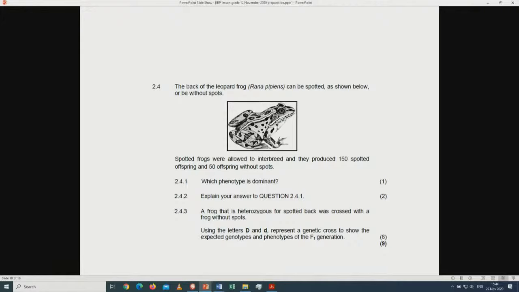Now it is very important in genetic crosses that you use the exact letters that are indicated in the question, as when you use different letters that are not indicated in the question paper, you will not be credited marks for that. Now it is indicated that one of the parents is heterozygous for the condition of spotted. It's a spotted frog. It is crossed with a frog without spots.